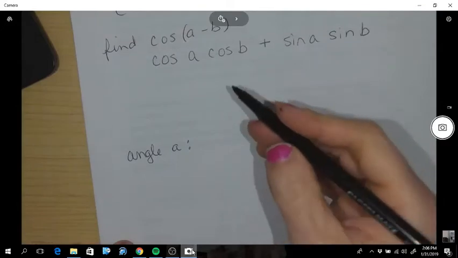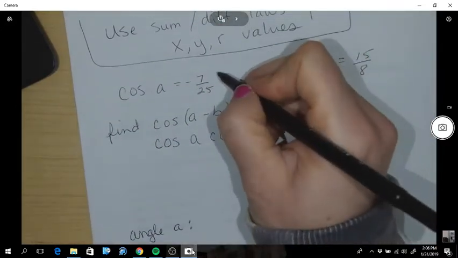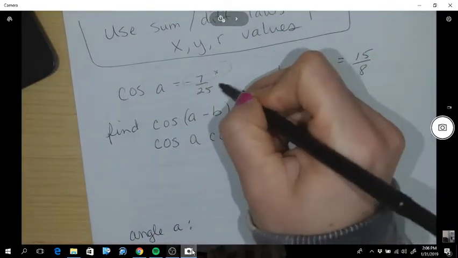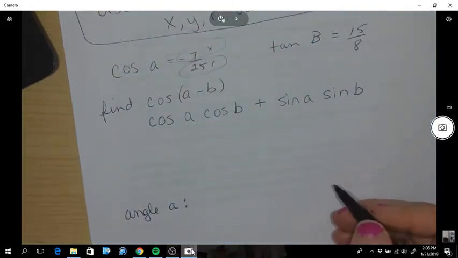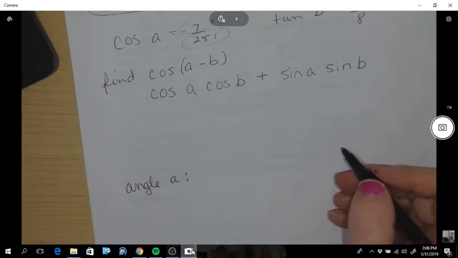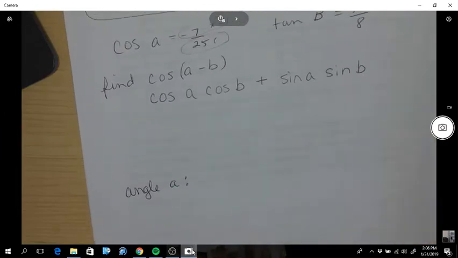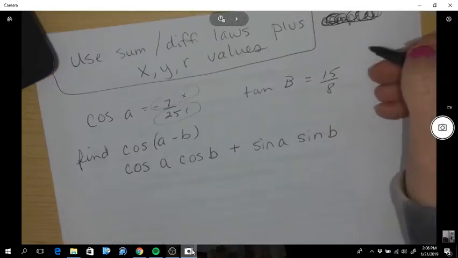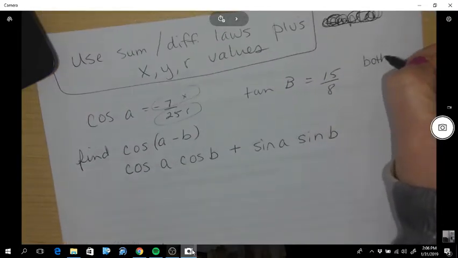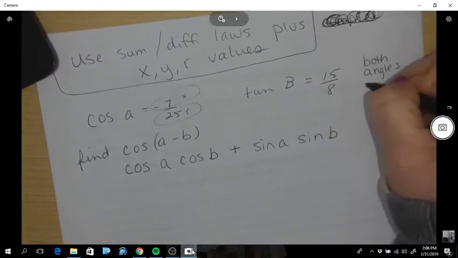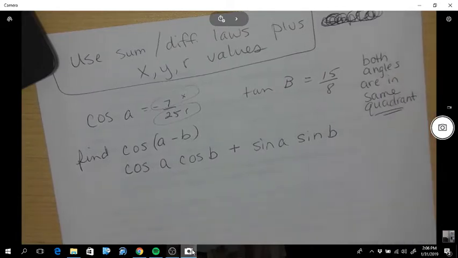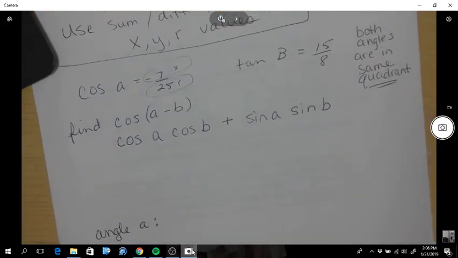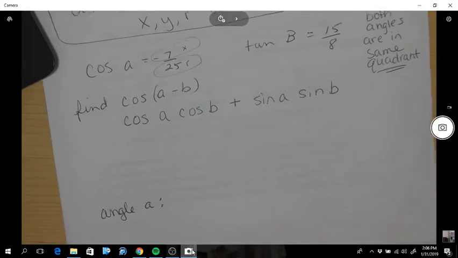Okay, so negative 7 is the x value, and 25 is the r value. I should also have stated that I know both angles are in the same quadrant, because obviously there's two choices of quadrants that the angles could be in.